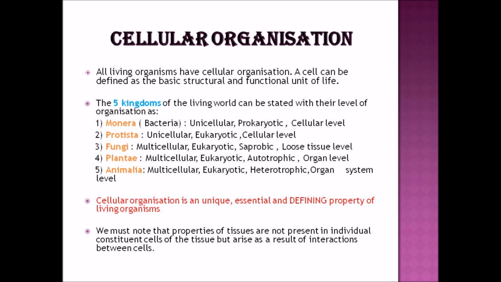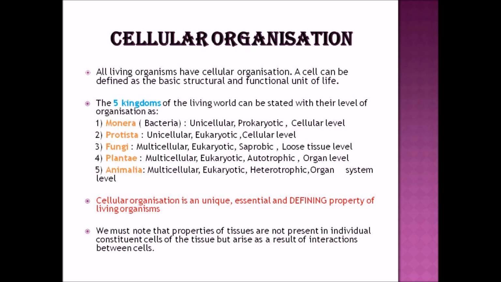The fourth kingdom is kingdom Plantae, which includes multicellular eukaryotic autotrophs, that is the plants. Plants are multicellular and eukaryotic. They possess chlorophyll, and hence they can harness the solar energy to synthesize food.